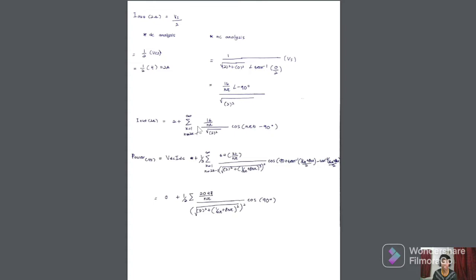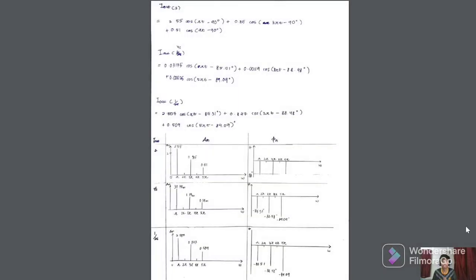So we change to the graph for the I out. This is for the SC analysis for the graph. The example for this 2.55 is the n, and for the bracket pi t minus 90 degree is for the phase.